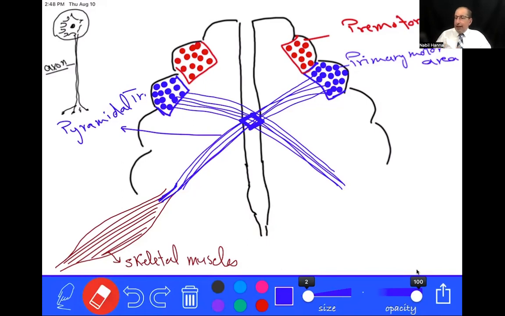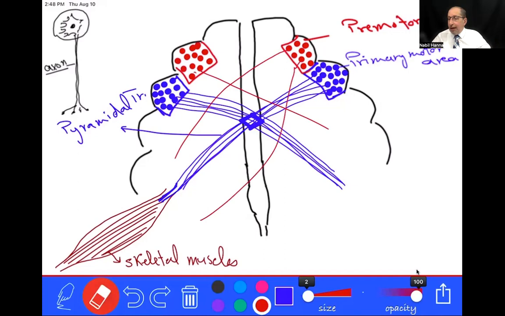The premotor area has cells, and out of these cells come nerve fibers, and these nerve fibers do not travel in the same bundle as the pyramidal tract. They travel in outside bundles, separately.